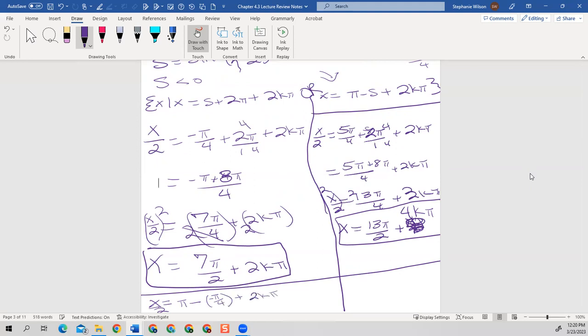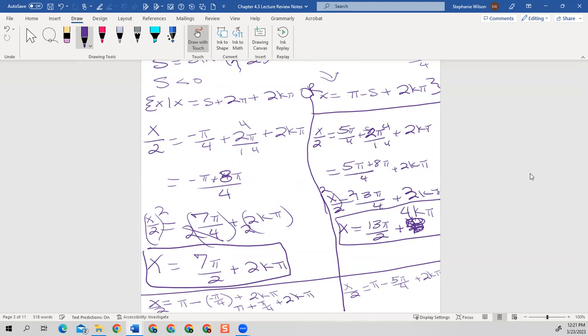We can figure out when x over 2 is equal to pi minus that 5 pi over 4 plus 2k pi. And the negative times the negative is positive. So I have pi plus that pi over 4 plus 2k pi.